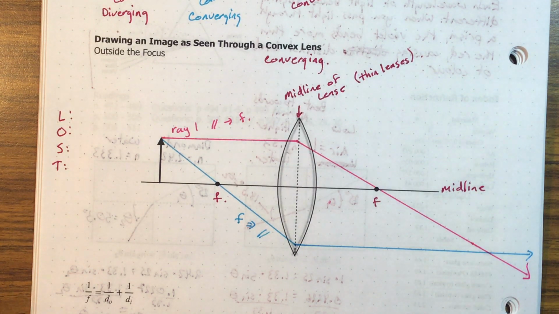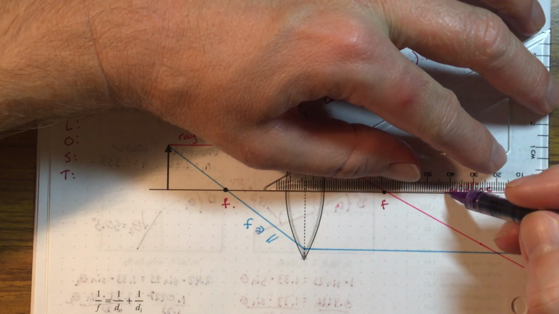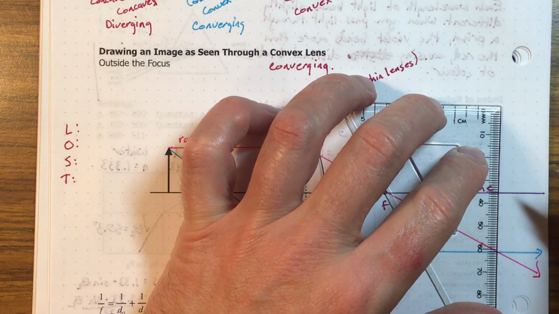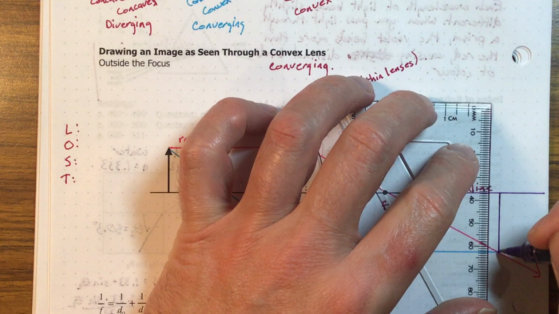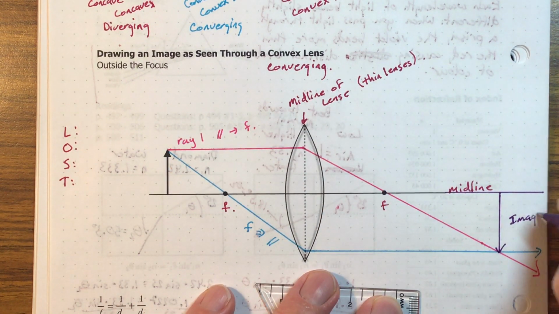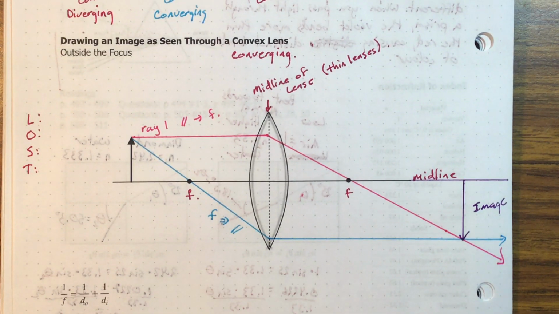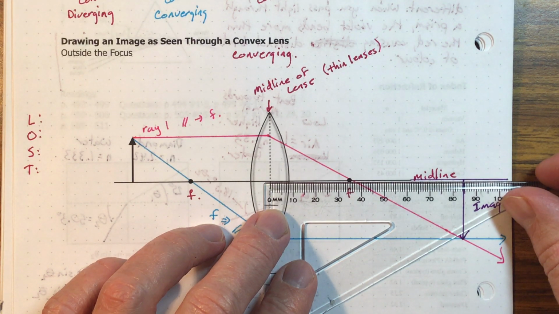Now, I'm going to need to extend my midline. Here's my image, right here. Okay, so we can talk about this image now. Its location. Well, we have to see how far from the middle of the lens it is. I've got it at 8.5 centimeters.